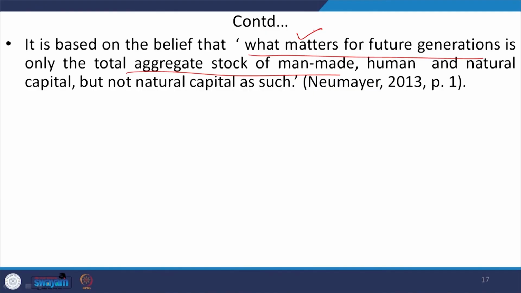So, here we need to highlight that it is a matter of concern only if the future generations are not getting the aggregate stock of capitals. Maybe the man-made capital is high and the natural capital is less. It is not a matter of concern, but they should be getting the total aggregate stock of capitals.